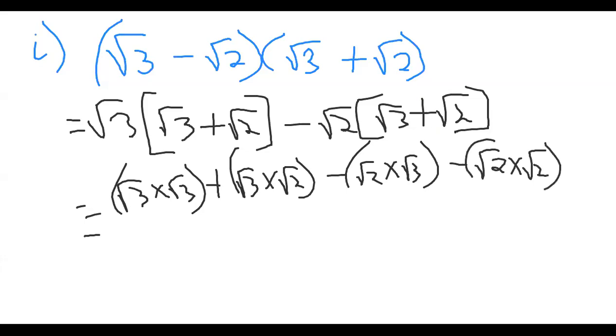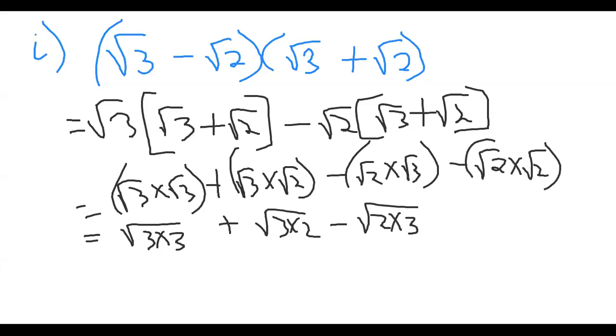So consider this is the same as root of 3 times 3 plus root of 3 times 2 minus root of 2 times 3, and then minus root of 2 times 2.